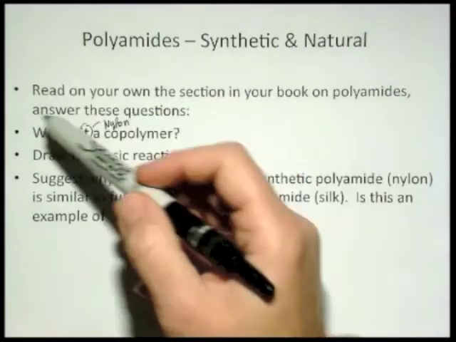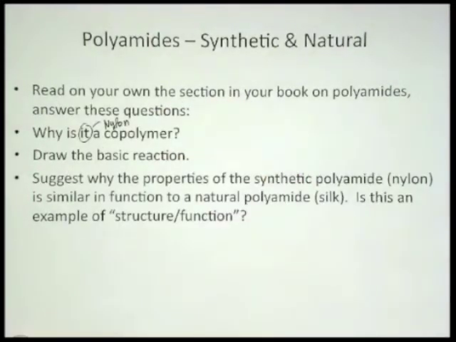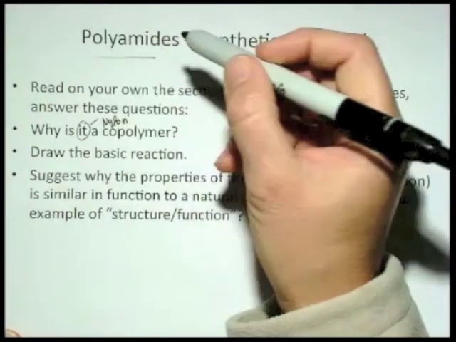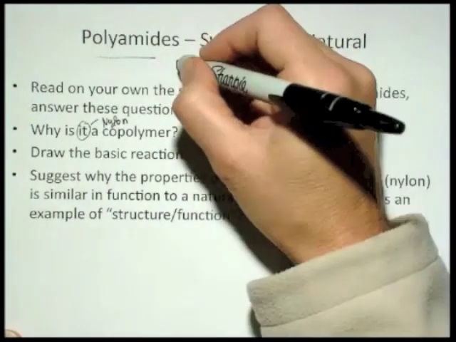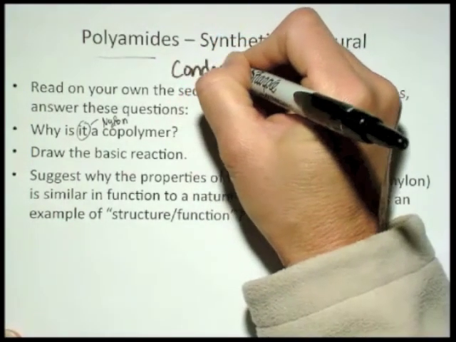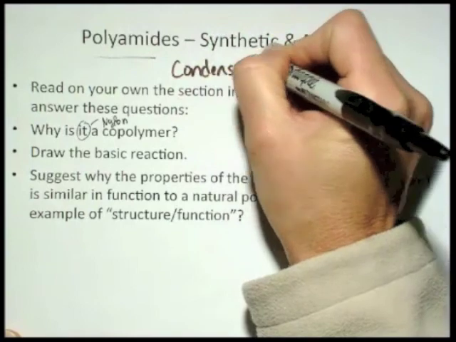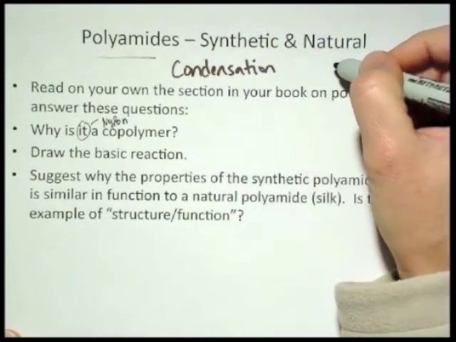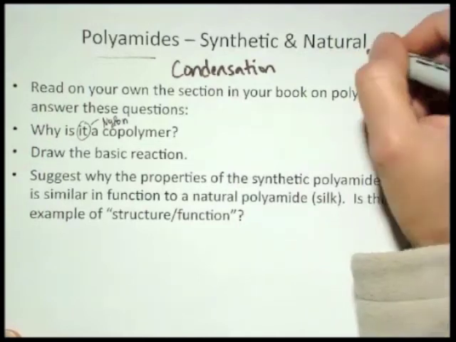So this is just to help guide your reading through the section on polyamides. But I just want to point out that the formation of polyamide occurs by a condensation reaction as well. And it's just that at the end of the condensation reaction, instead of having an ester, you have an amide functional group.